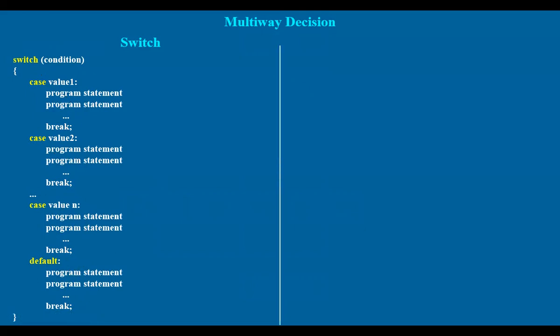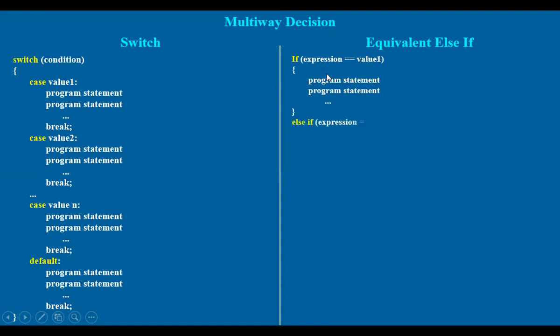Suppose you want to do the same set of programming or same set of output using if else. Now, if a certain expression is equal to value 1, then we do something. Else, suppose this is false, then we compare the second value, whether this expression is equal to value 2 or not.